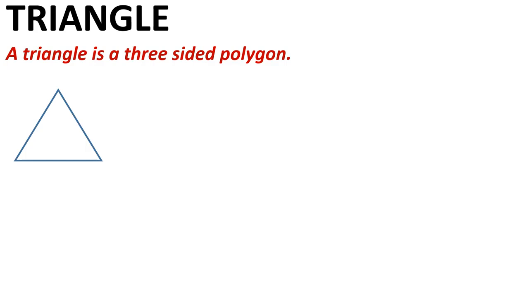It is a simple closed curve made entirely of line segments. It is not crossing itself. Its starting point and end point are the same, and it is made up entirely of line segments. So it is a polygon. So triangle is a three-sided polygon.